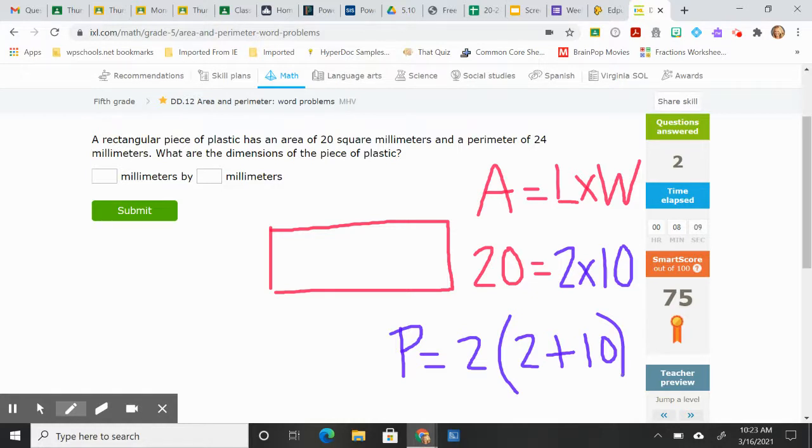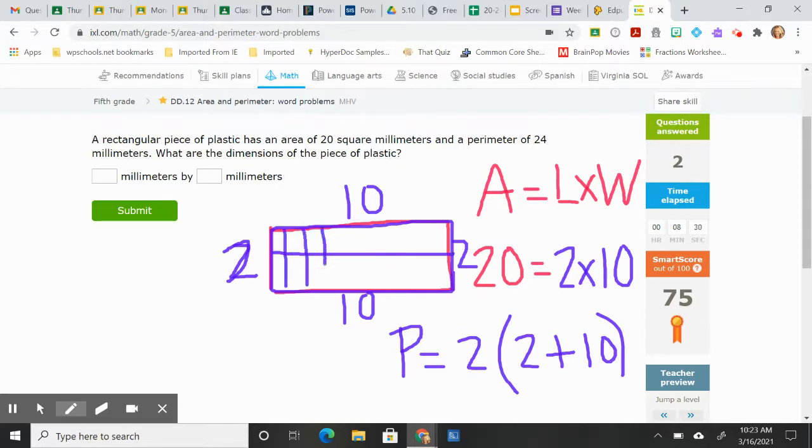So that would work. So we would have 2, that looks like a Z, 2 and 10, okay, as our dimensions. This side has to be 10 and this side has to be 2. So that checks out to be 24 all the way around. And if we were finding the area, it would be 20. Okay, so that one would work.